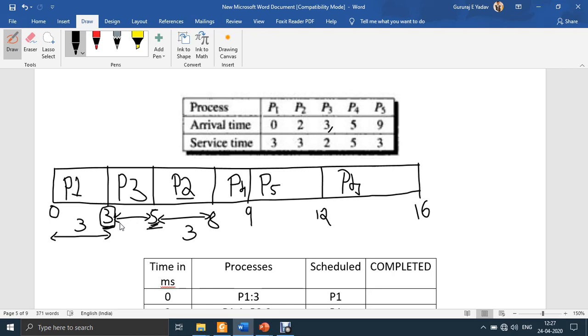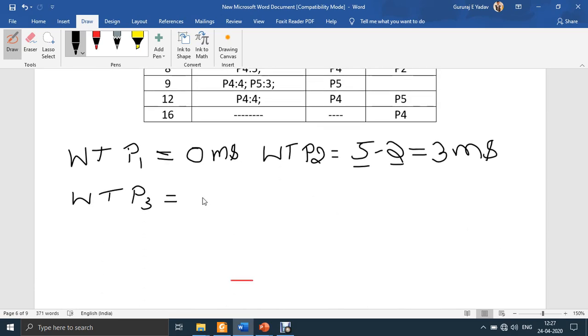So it came at 3 and executed at 3, meaning it has not waited. The waiting time for P3 is also 0. Next, the waiting time for P4.